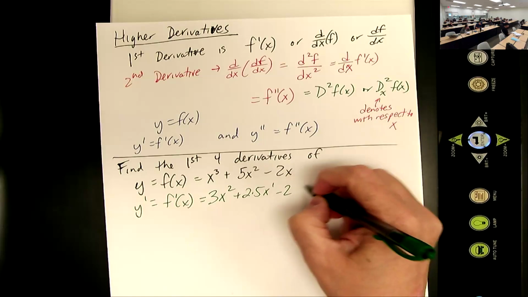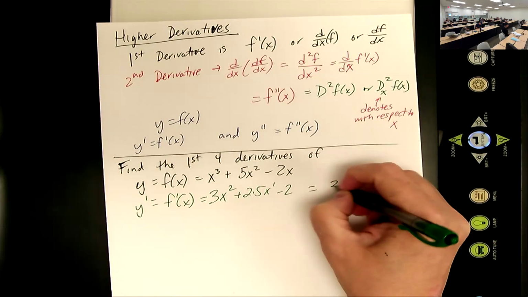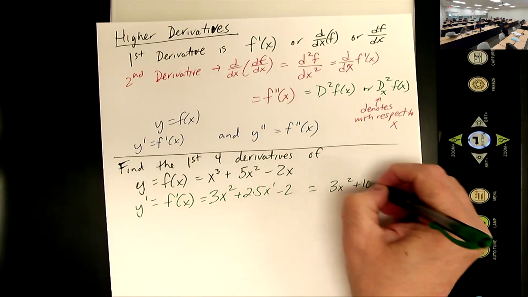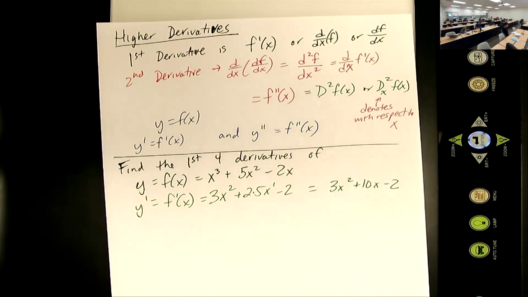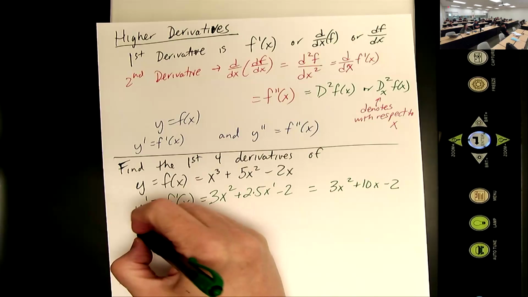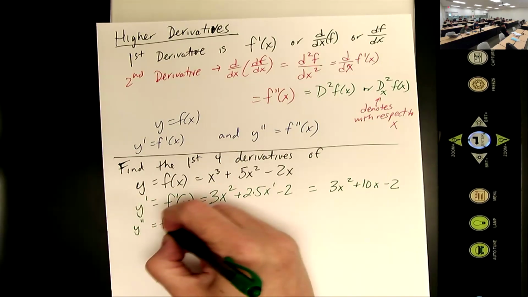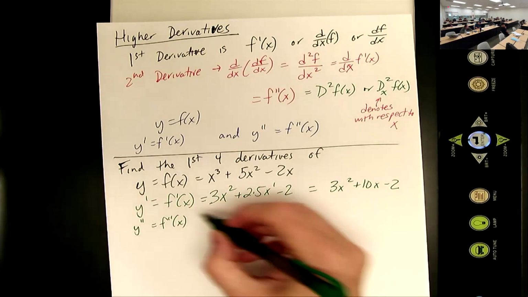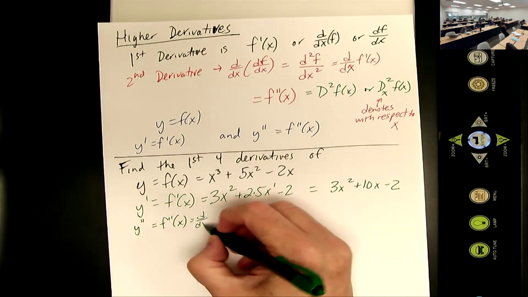This is 3x squared plus 10x minus 2. When we do y double prime or f double prime of x, we're really taking the derivative of this last step.